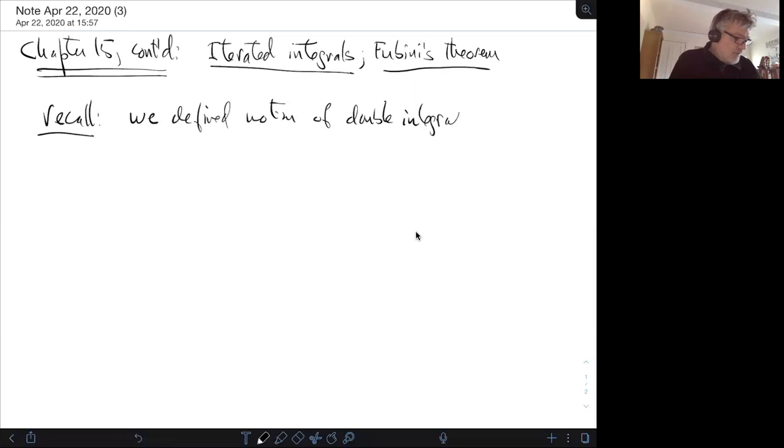And what we wanted to define is essentially the notion of signed volume, right?